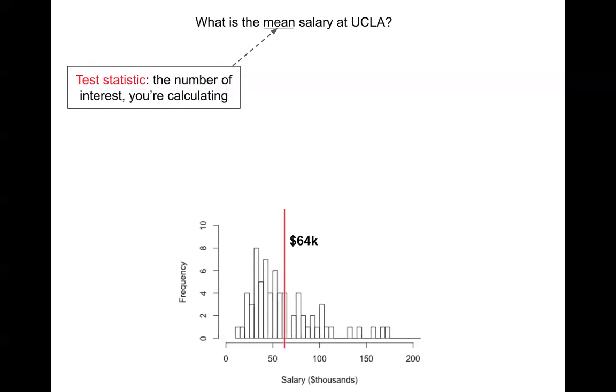You just take the data, take the mean, 64,000. Now I ask you, are you sure? Like if I was to ask you to report, what's the mean salary at UCLA, or what's the mean incidence of breast cancer among women in Southern California? What would you say is the answer? Let's say it's 1%. Say 1%.